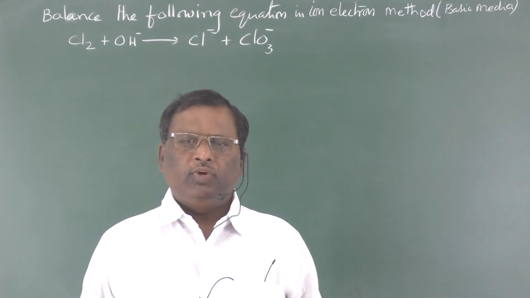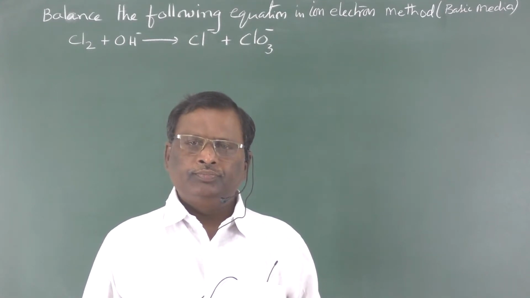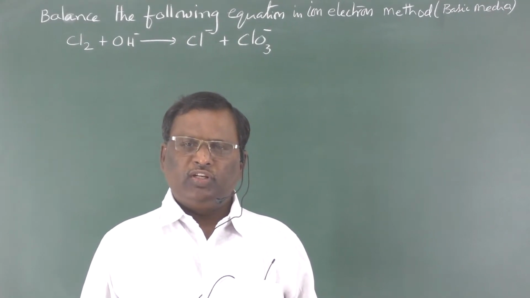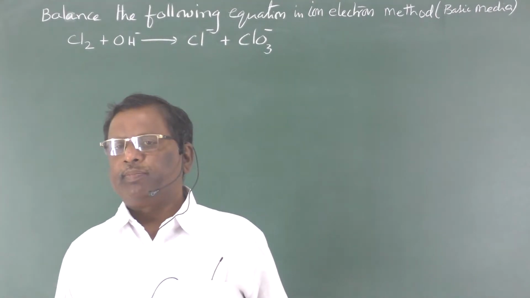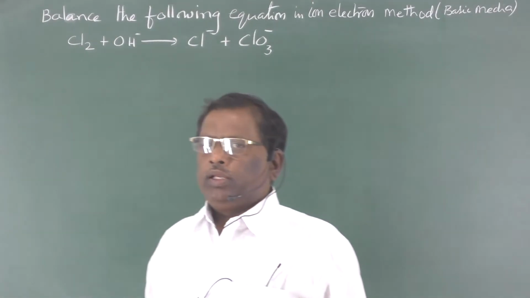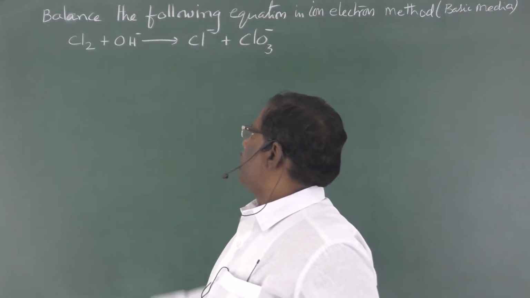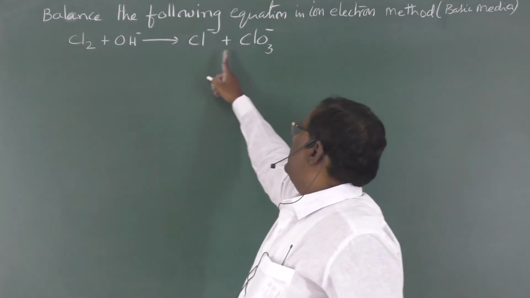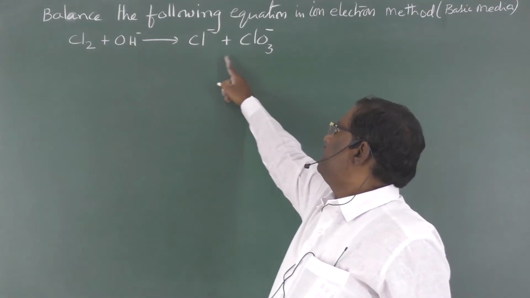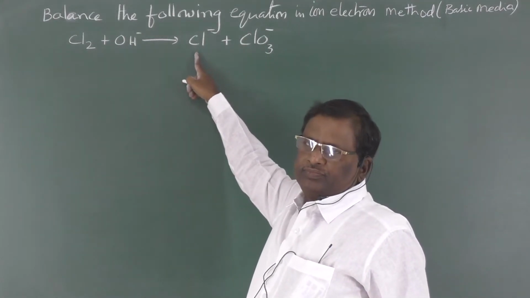So here we have another example. It is a very beautiful example in basic media. Here chlorine is oxidized as chlorate and reduced as chloride.